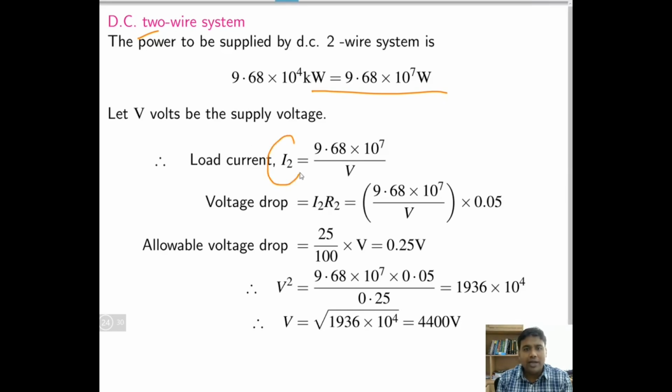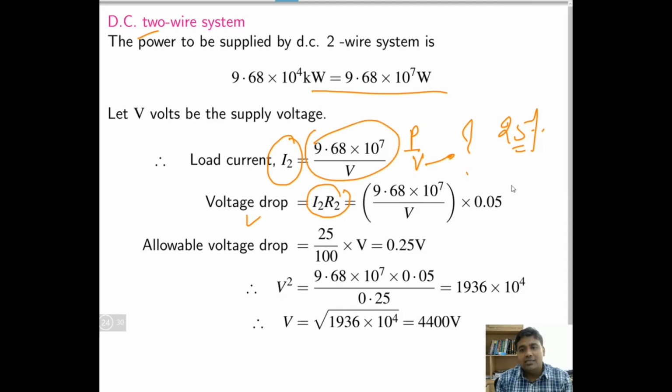So the load current I2 will be equal to power divided by voltage, which we have to find out, and the voltage drop here is given as I2 into R2, which is also 25% allowable. So I2 current you can find out from here, and the resistance is given to be 0.05.